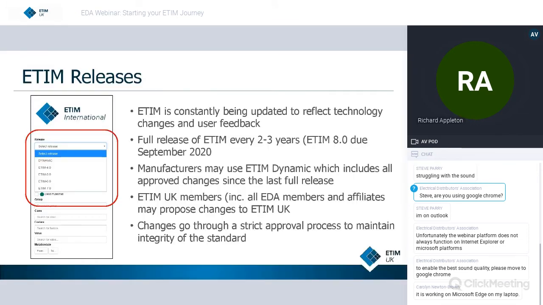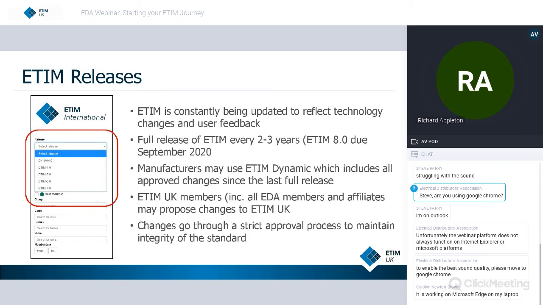Okay, so the final slide in this section, I'm just going to talk briefly about the ETIM releases. So ETIM as a structure has been in existence for quite a number of years now, and obviously it's grown as new types of product have been brought under the ETIM banner, and as new types of product have been released.